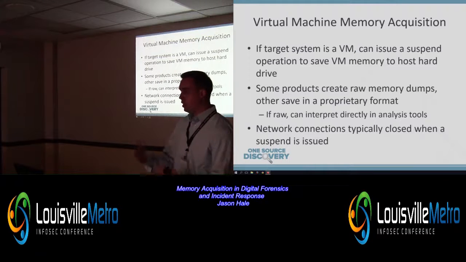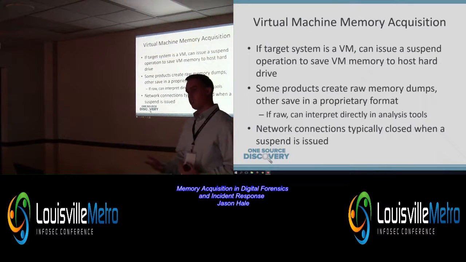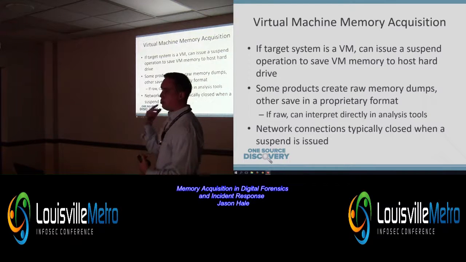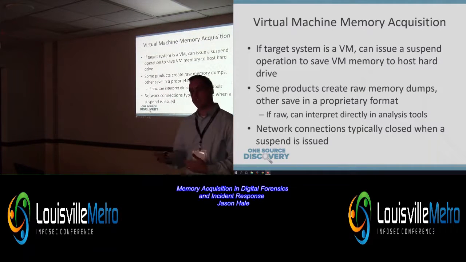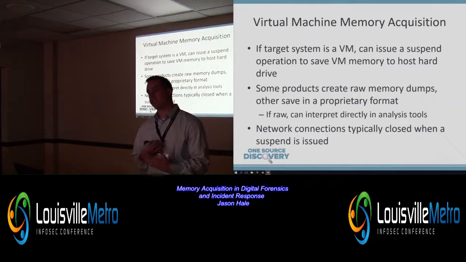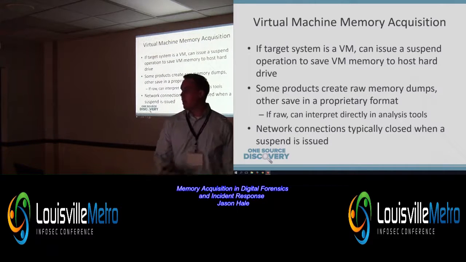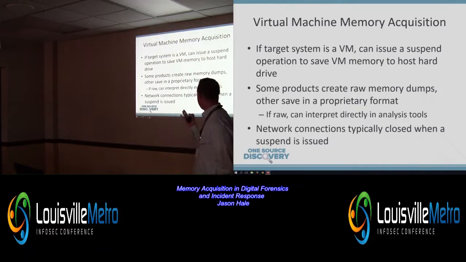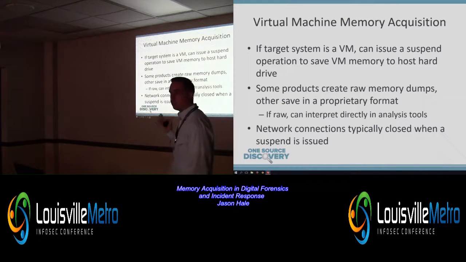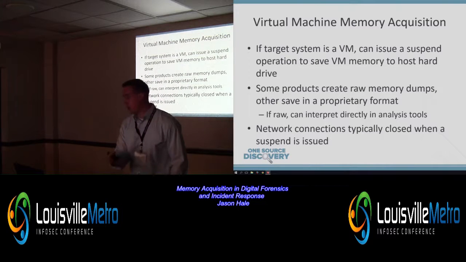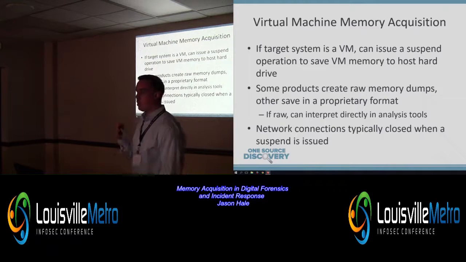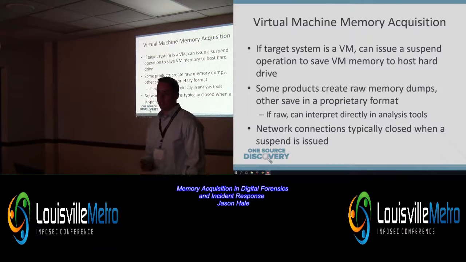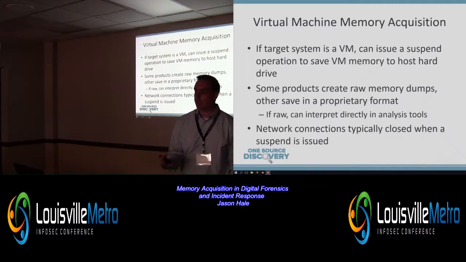VMware, for example, whenever you issue a suspend operation, actually runs a batch script in the background that closes all of your TCP and UDP connections, frees up the IP address, and then goes forward with the suspend. So you may not find active network connections in a memory dump that you create through a suspend operation. If network connections are important, you may want to take a different approach, such as running a software acquisition utility directly on the virtual machine.